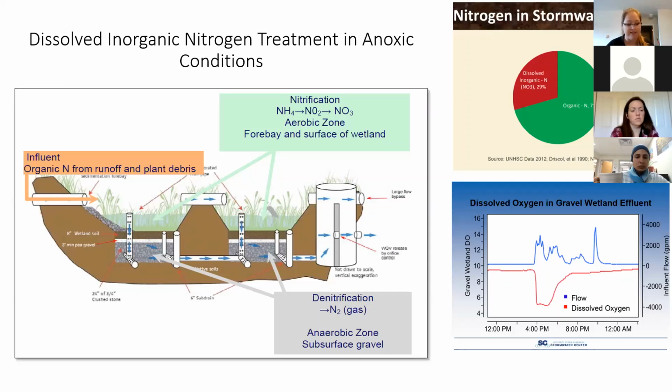And they call this the bioretention soil mix, or BSM. The soil mix becomes a habitat for beneficial bacteria to grow. When the underground substrate, so that sand and gravel, remains saturated with water, it creates an anaerobic environment. So that's an environment without oxygen.